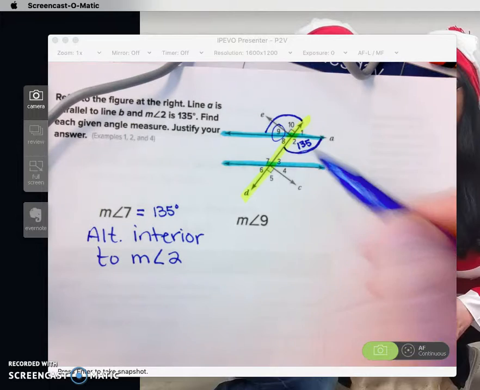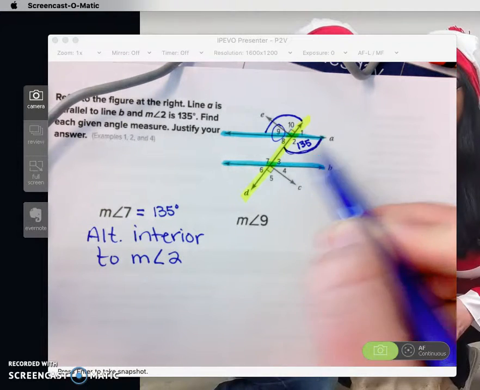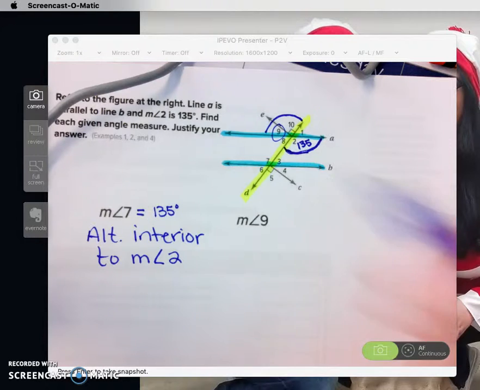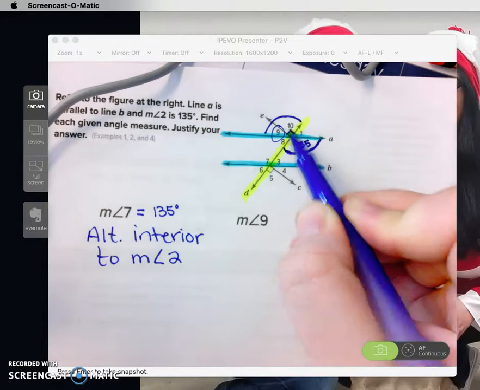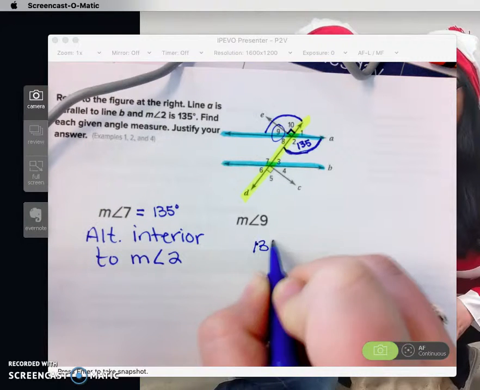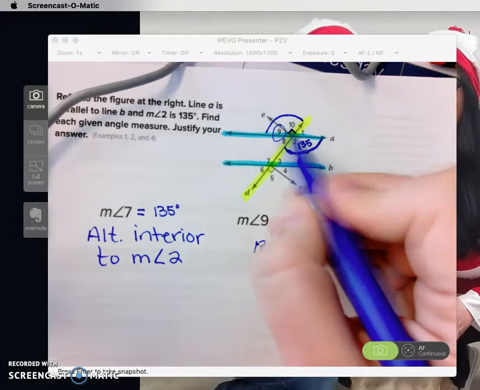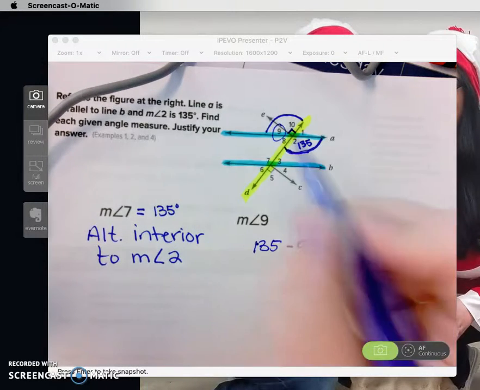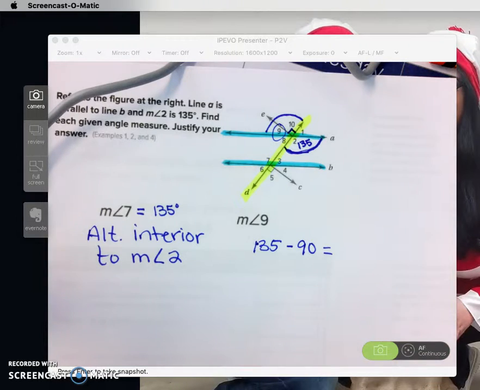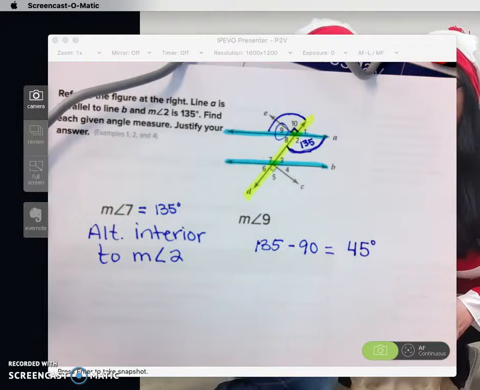And that means that this whole blue and this whole blue is going to be 135. And you're given this one here, so it's going to be that 135 minus the 90. And then you could figure out your last of angle 9. So 135 minus 90 is equal to 45 degrees.